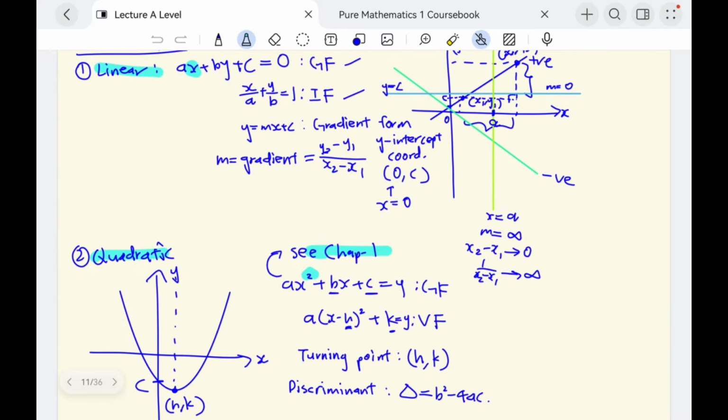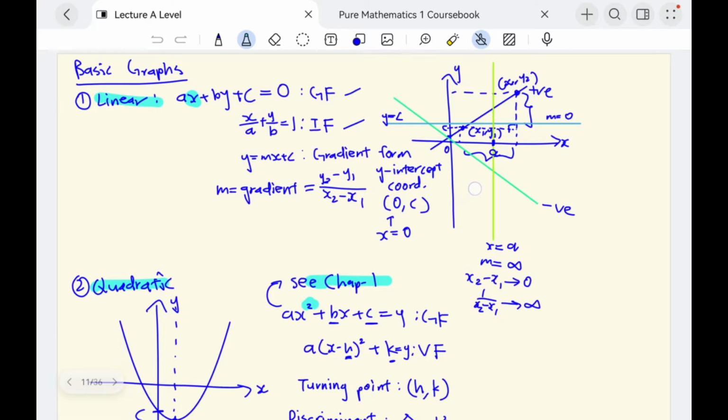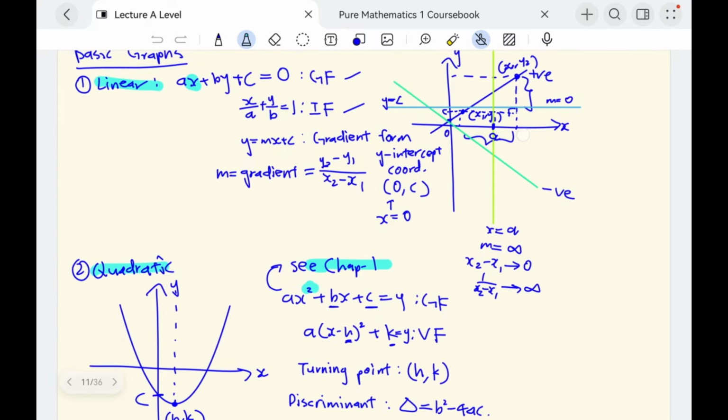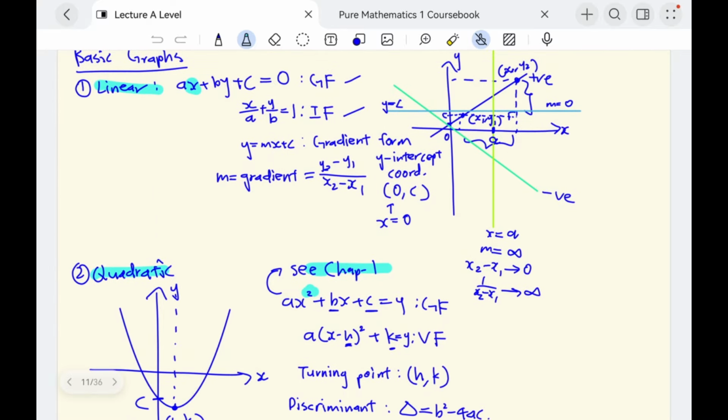These basic 7 functions you will need to master and understand. Let's take a look at the first type of graph or function, which is a linear function. What's the general form of the linear function?